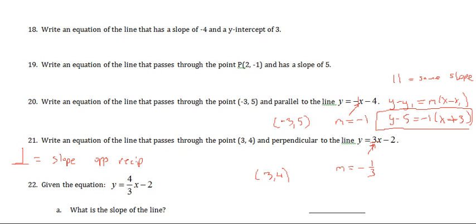We're again going to put this into my point slope. y minus y1 equals m times x minus x1. So we get y minus 4 equals negative 1/3 times x minus 3. And again, they just ask for an equation. You can leave it just like that. Didn't ask for it in slope intercept. So keep it. Awesome. Keep going.